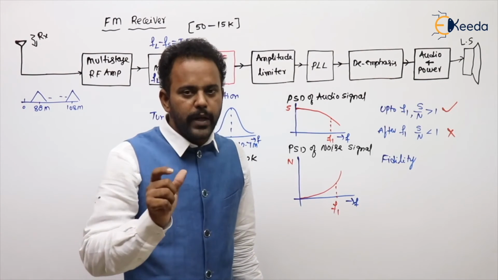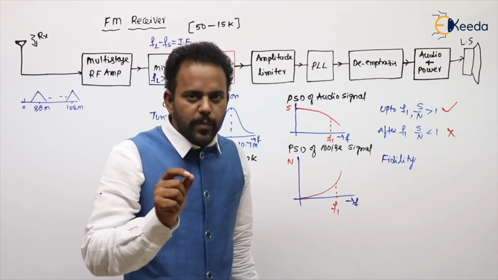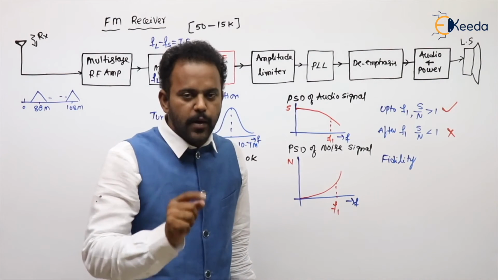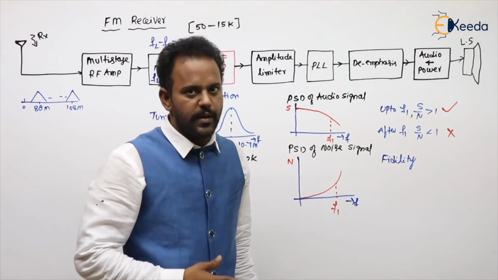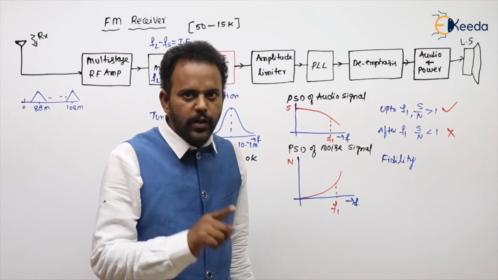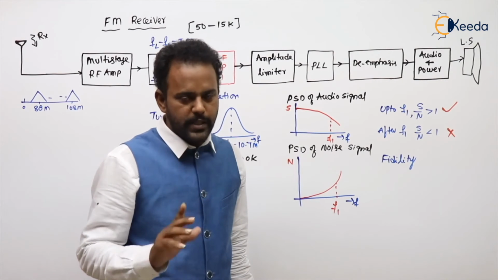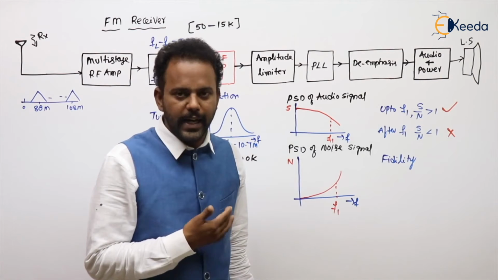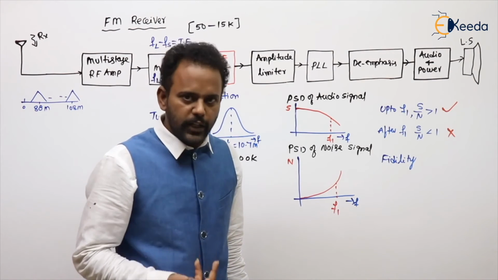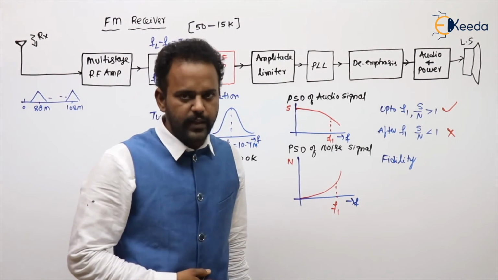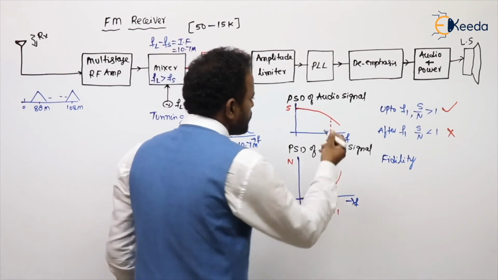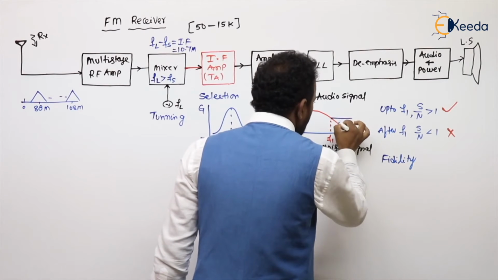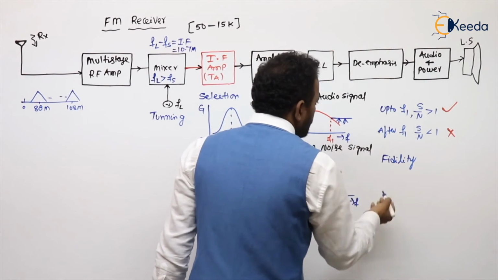Where are we doing pre-emphasis, sir? Pre-emphasis will be done at the transmitter side, before modulation. Are you getting my point? The practical value is some 2800 Hz or 2.8 kHz, around 3 kHz you can say. So we are artificially boosting these.